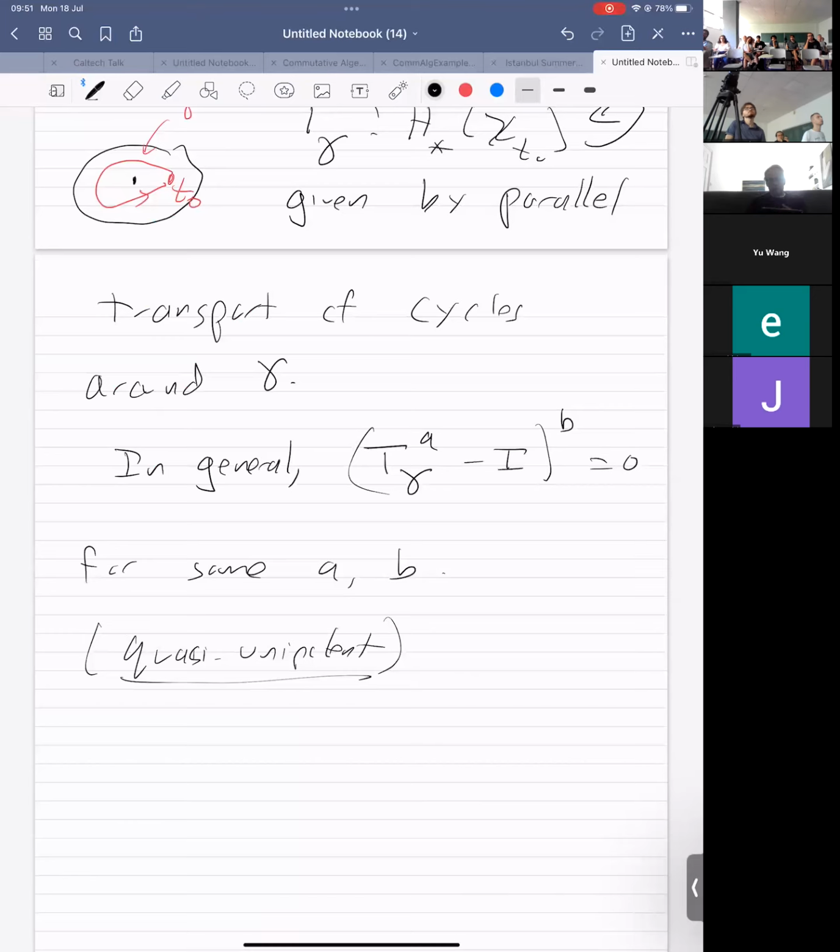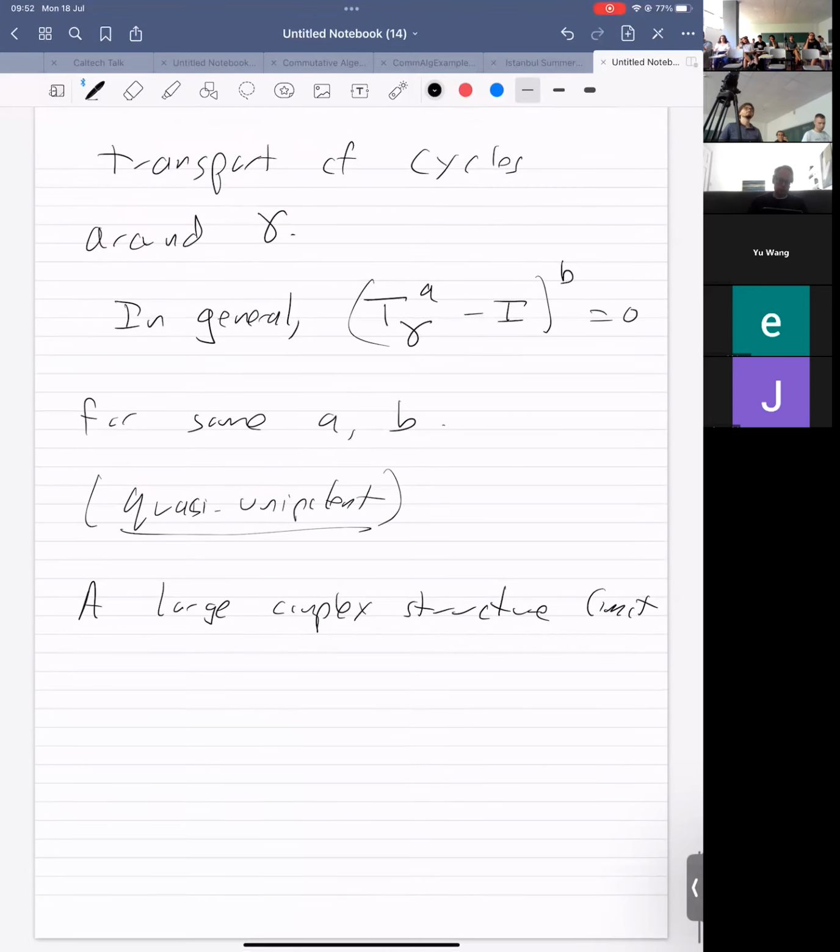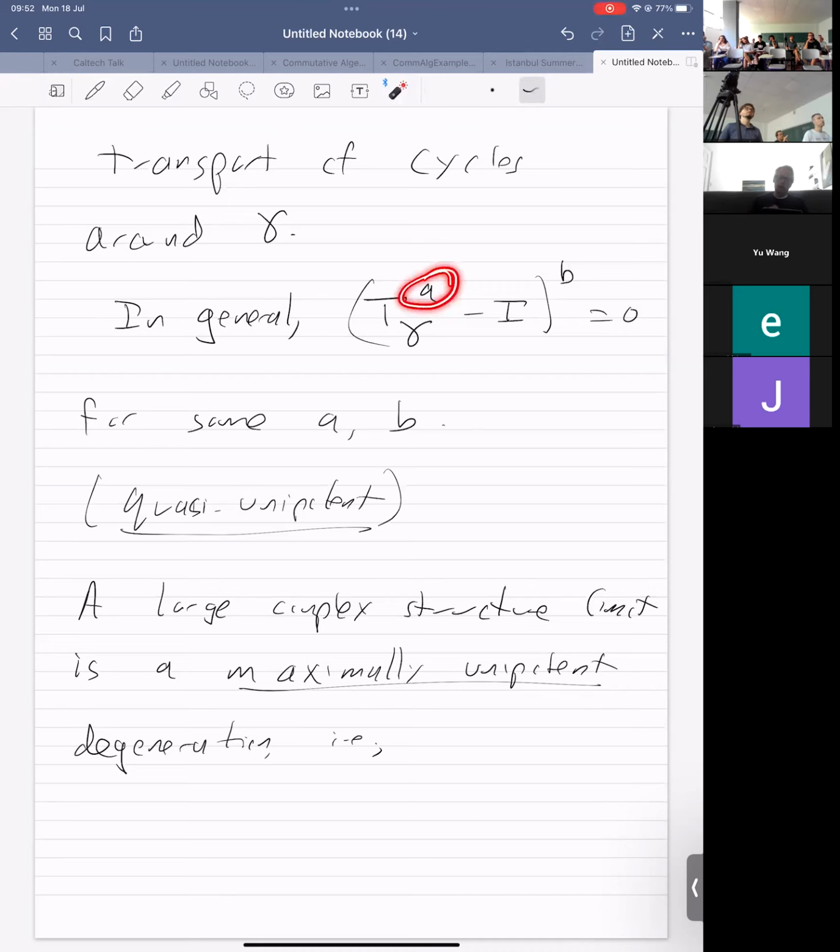The large complex structure limit is usually just referred to as maximally unipotent. That is, first of all, being unipotent means we can take a to be 1.